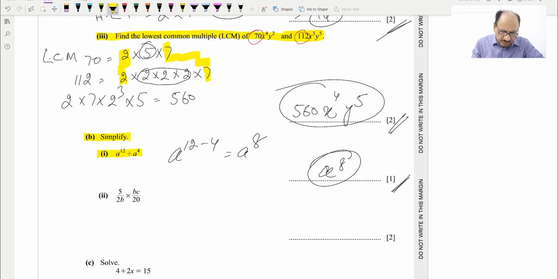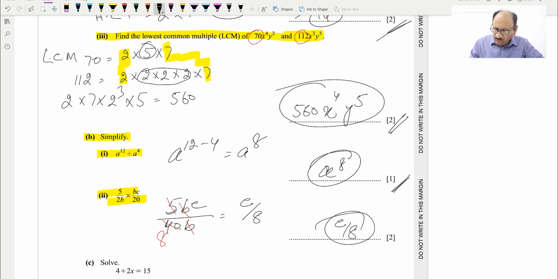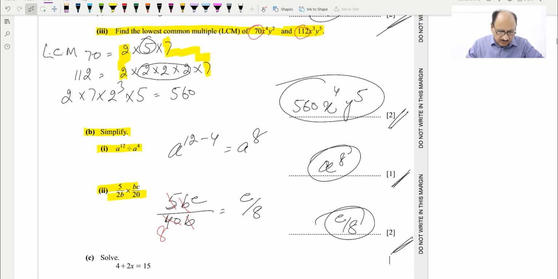Then the second part, this one we can simplify, that is basically 5bc over 2 into 20, which will be 40b. So b will be cancelled and 5 will be cancelled by 8, so we will get c divided by 8, and c over 8 will be the final answer for 2 marks, which is done.